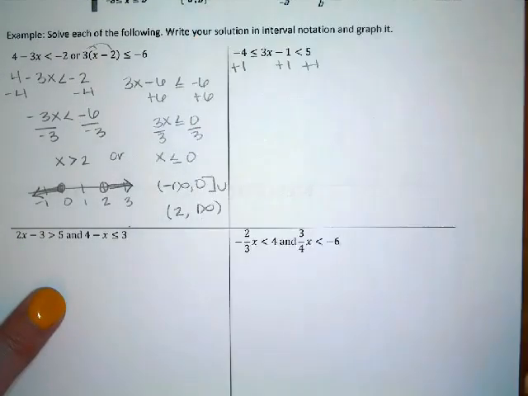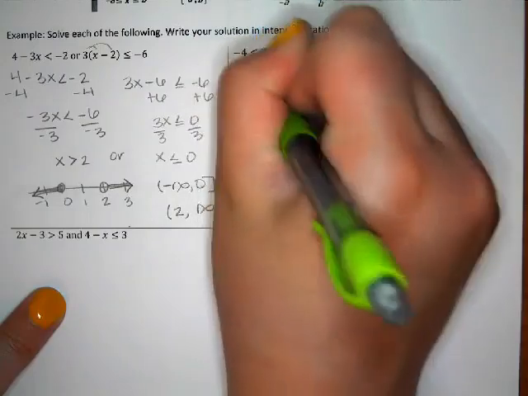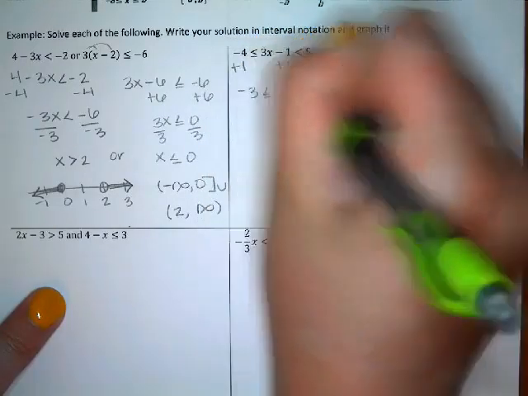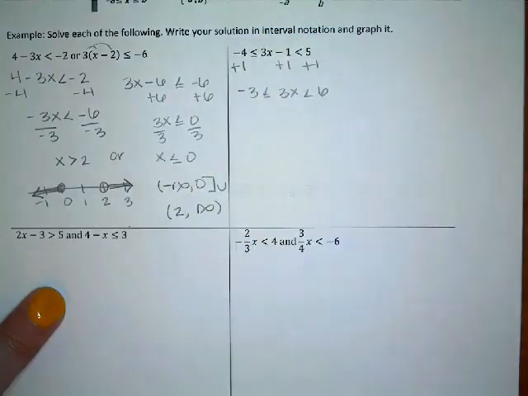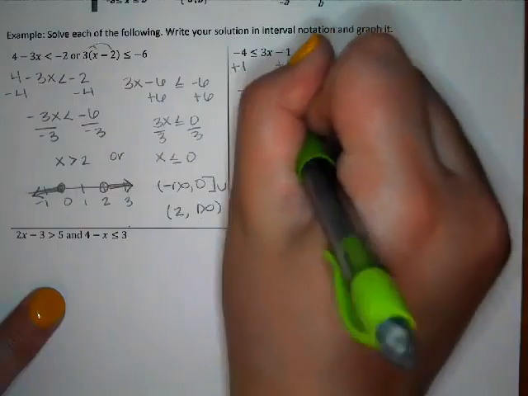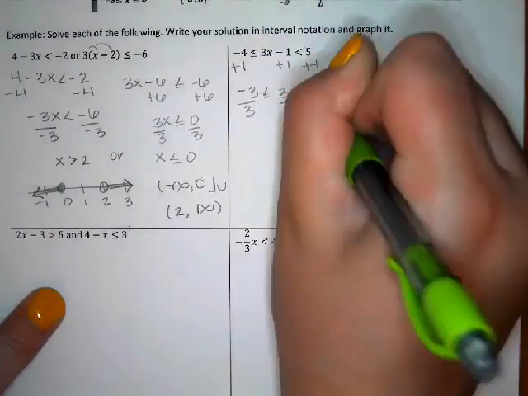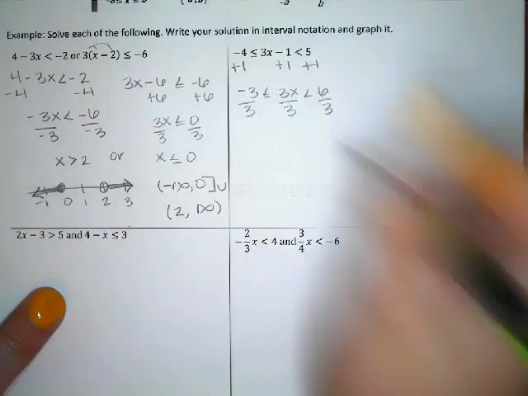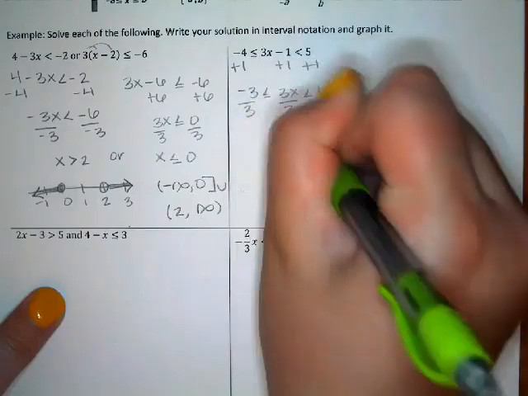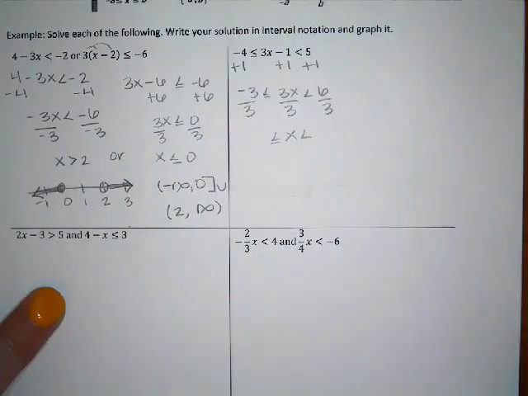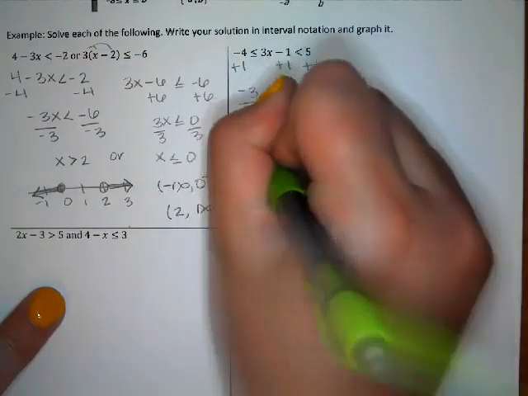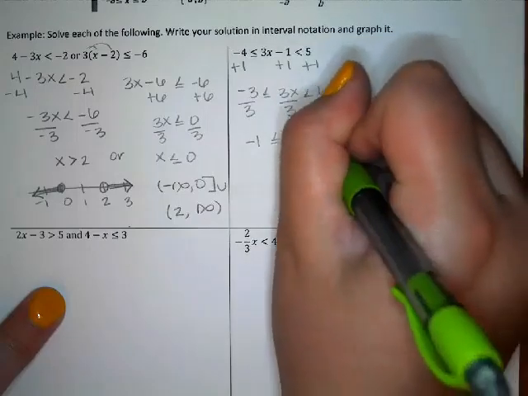So negative 3 less than or equal to 3x less than 6. And then I'll divide by 3 on all three sides. So x is sandwiched in between negative 1 and 6 divided by 3, which is 2.